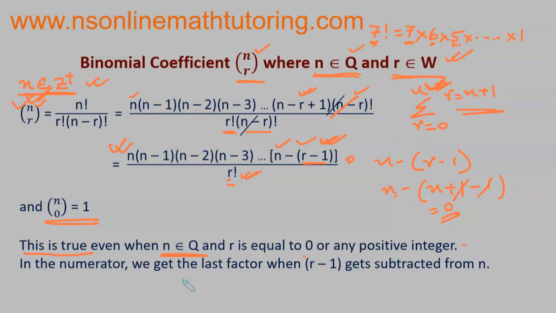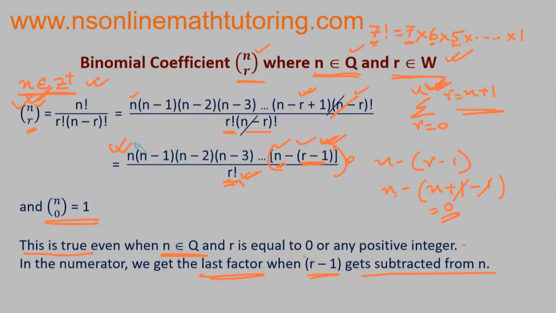In the numerator, we get the last factor when r minus 1 gets subtracted from n. Whatever is the r value, when r minus 1 gets subtracted from n, that will be our last factor in the numerator. And in the denominator, you have r factorial.